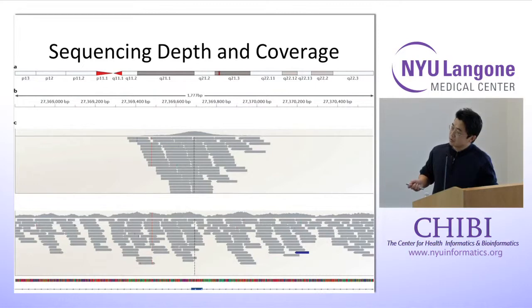The depth refers to, for each position, for each nucleic acid, how many times it appears in the reads, and sometimes it's interchangeable with coverage. But coverage also refers to the proportion of the genomic region that you capture, that you have data that you can work on.